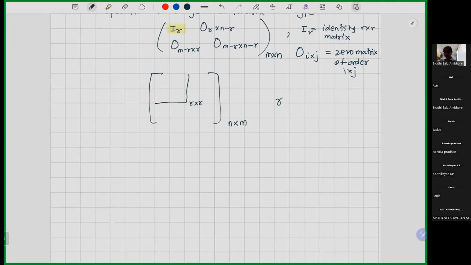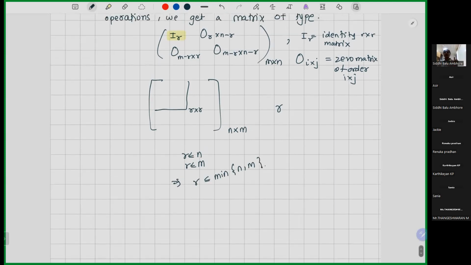So this R is less than N, and this R is also less than M, right? Otherwise this I_R won't be sitting inside this N cross M matrix. So R is less than or equal to the minimum of N and M.